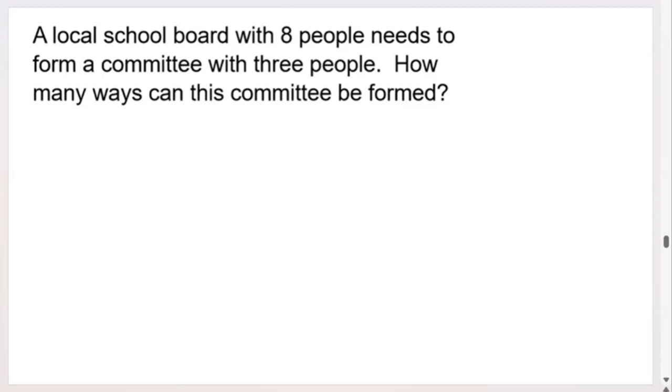It is not said that this one is going to be a chairperson, this one a secretary. It is just 3 people. So there's no order that is important. So this one can simply be put as a combination, because there's no order, just from reading the story.